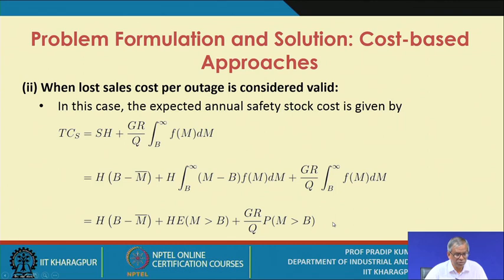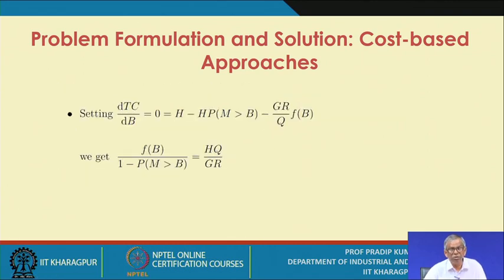So you just follow the steps, and I am sure that you will understand all the steps involved, and then you take the first derivative with respect to B of this equation and set it equal to 0.